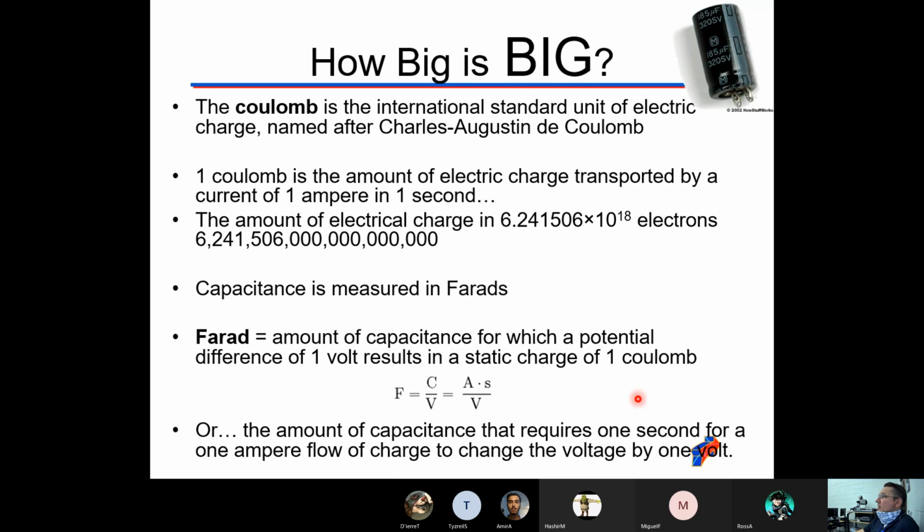We have a few people that take it, but it's not a common class at the ATC anymore. The definition is the amount of capacitance that requires 1 second for 1 ampere of charge to change the voltage by 1 volt. It's just harder to understand where you guys are right now, which is probably why we don't focus on it in class.